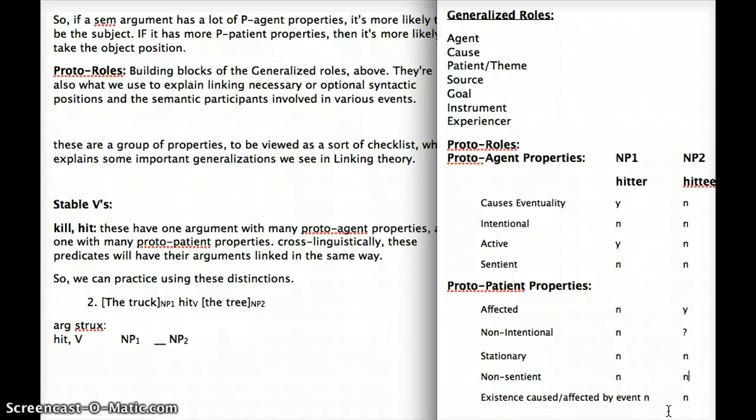And it doesn't have to be non-sentient. So these are the distributions. And it looks as though the hitter clearly has the cause and active proto-agent properties, while the hittee has none of them. And the proto-patient properties are completely missing from the hitter, and yet it looks like there could be a few on the hittee.